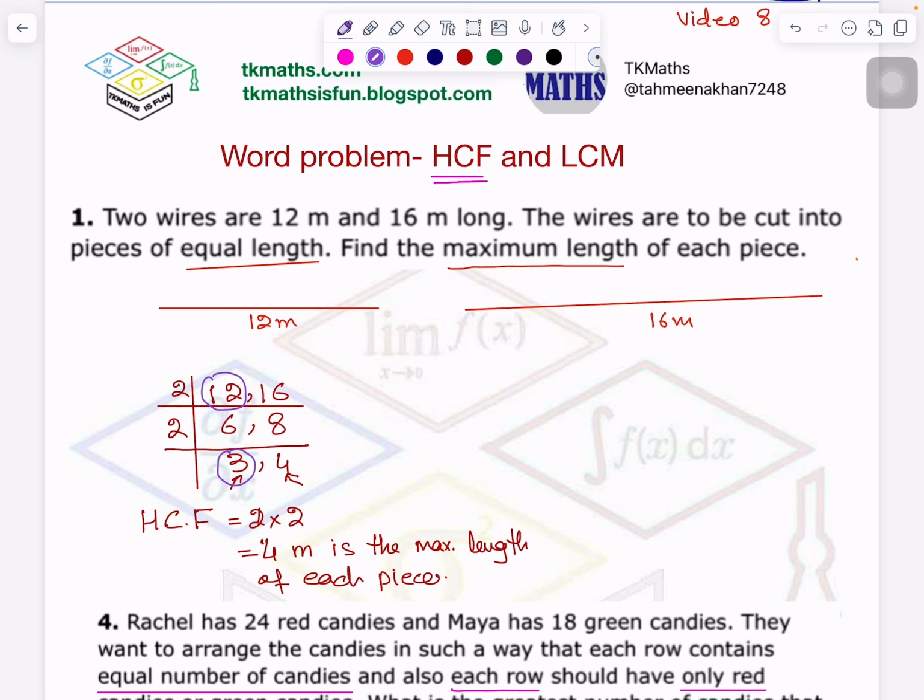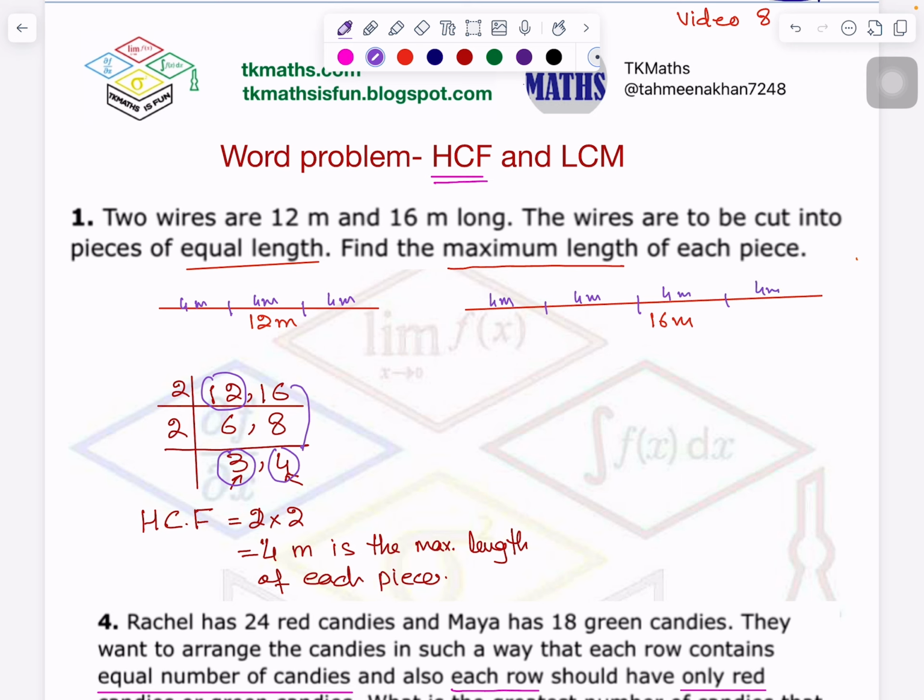It means the wire which has a length 12 meter can be cut into 3 pieces and each will have length 4 meter. This is the meaning of it. And this 4 is an outcome of 16. It means this wire can be cut into 4 pieces, each with length 4 meter.